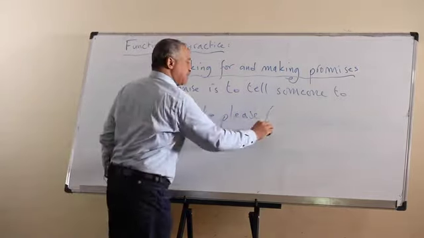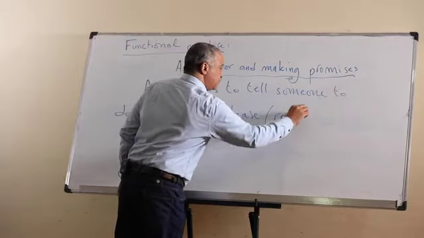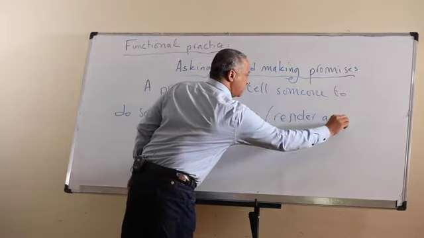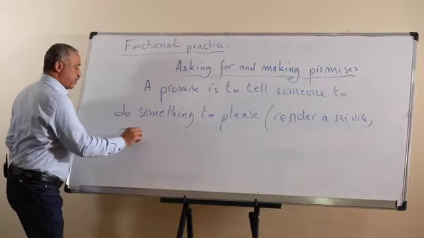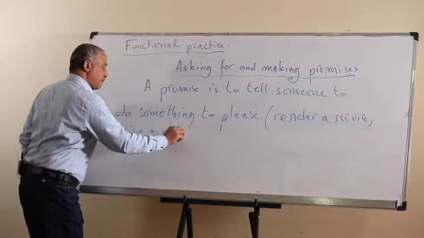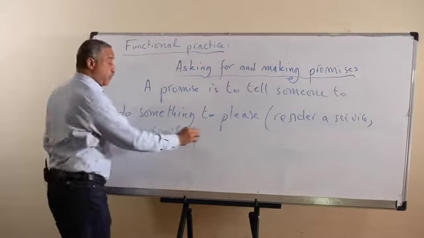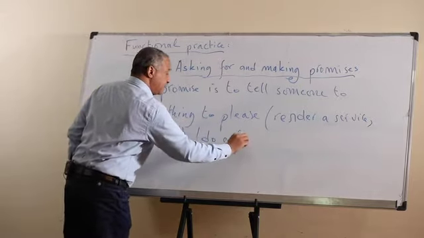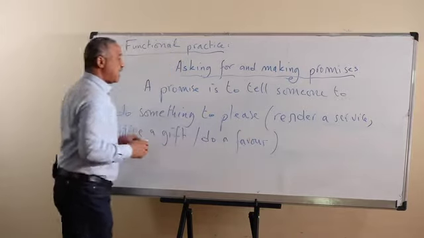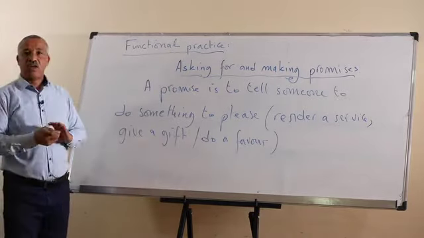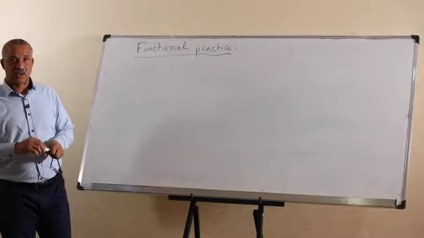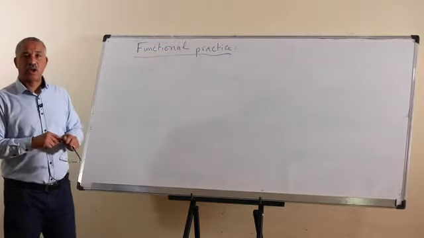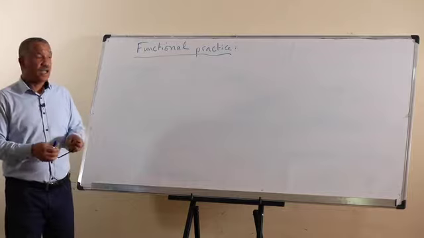For example, you can render a service, or give a gift or a present, or maybe do a favor. Those are the cases in which you can get a promise, ask for a promise, or make a promise.